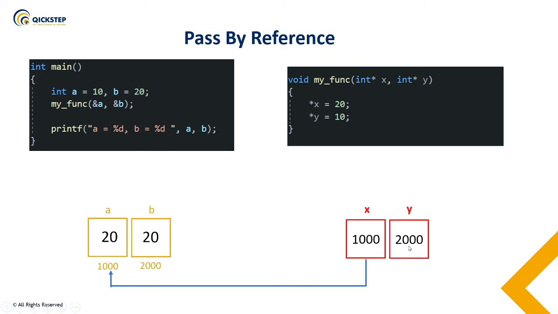This pointer y is currently holding the memory location 2000. So when we say star y, I want to access the memory location 2000 and assign the value 10 to that. When I assign the value 10 to that location, you'll clearly see that this value changes to 10.